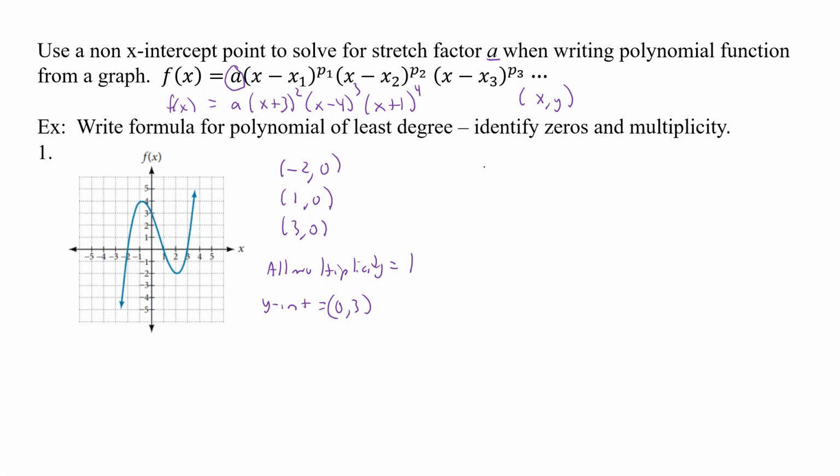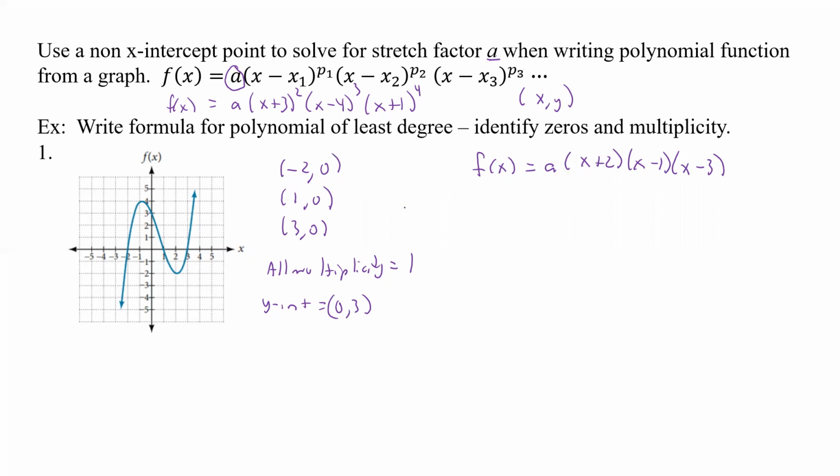Our function at this point is f of x equals a times x plus 2 times x minus 1 times x minus 3. Remember, you set that equal to 0 and solve and you get negative 2, so you have to change that to a positive 2 to get this.